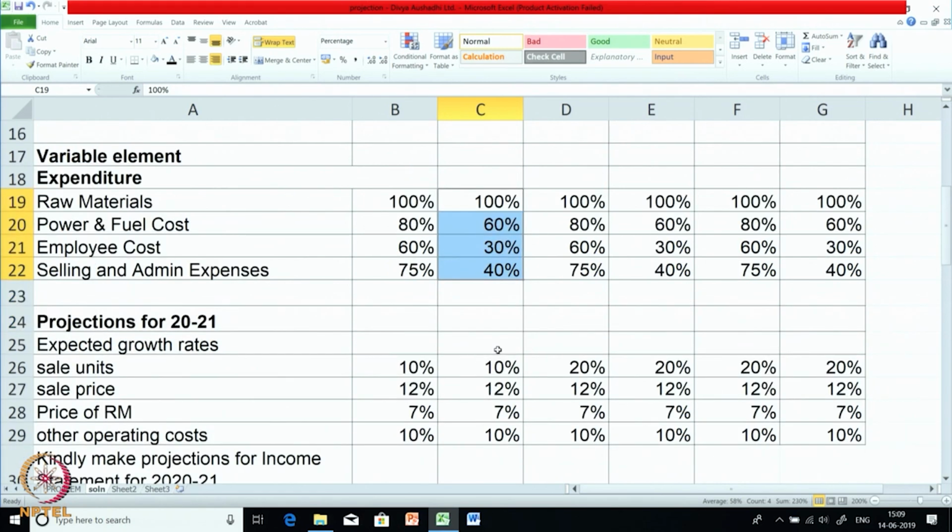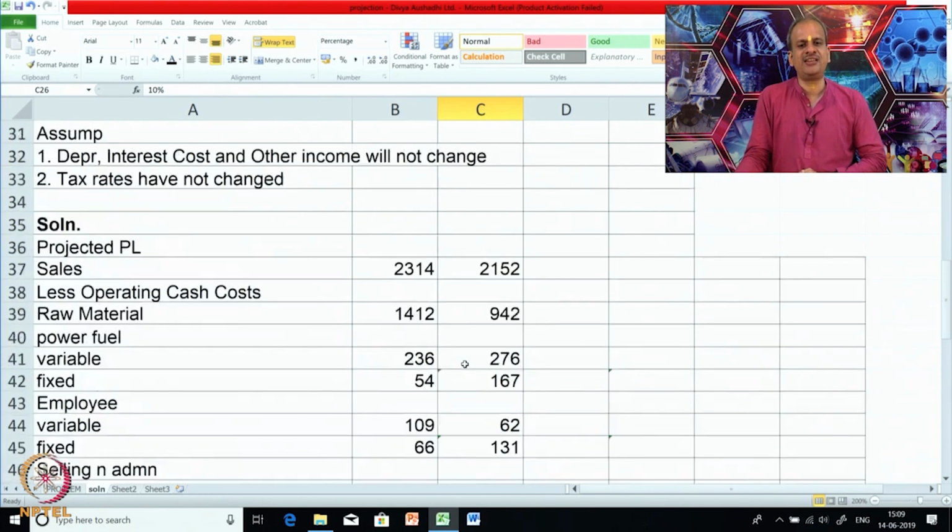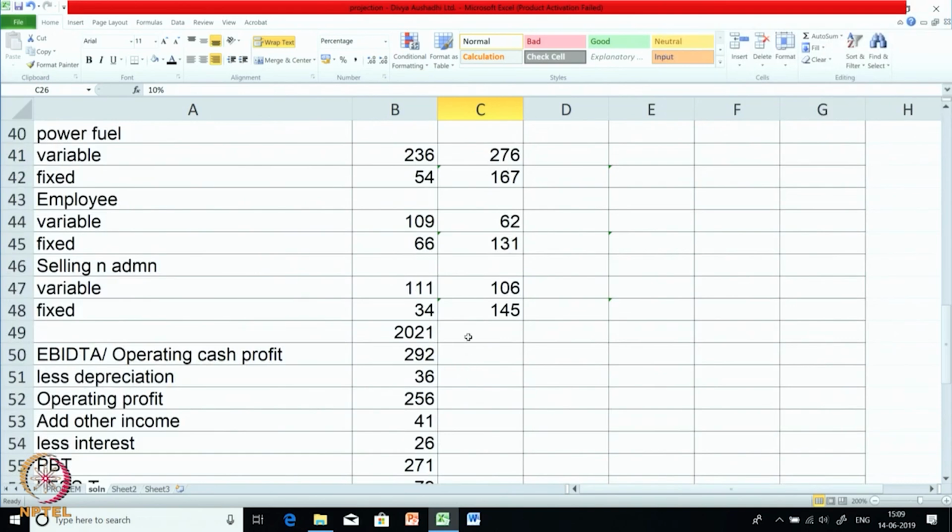Now the sales are increasing by 10%. So Q's profit will increase by more than P or less than P? I think Q's profits will increase more because they have a bigger portion of fixed costs. Once the fixed costs are covered, they would get larger profits. We will just check whether it is actually happening.